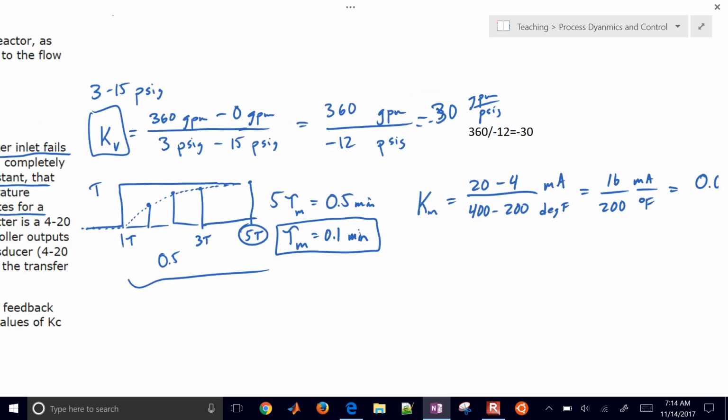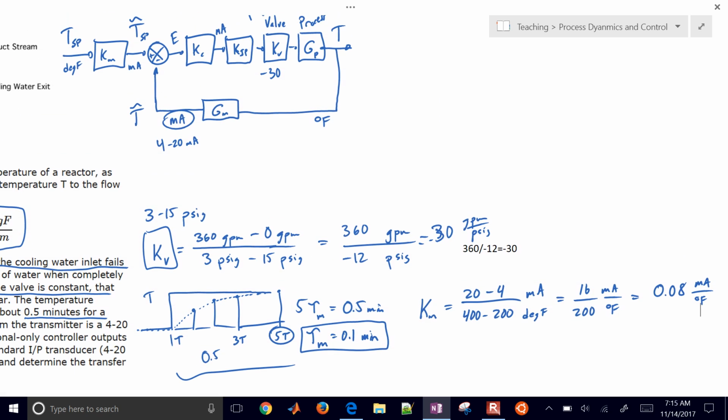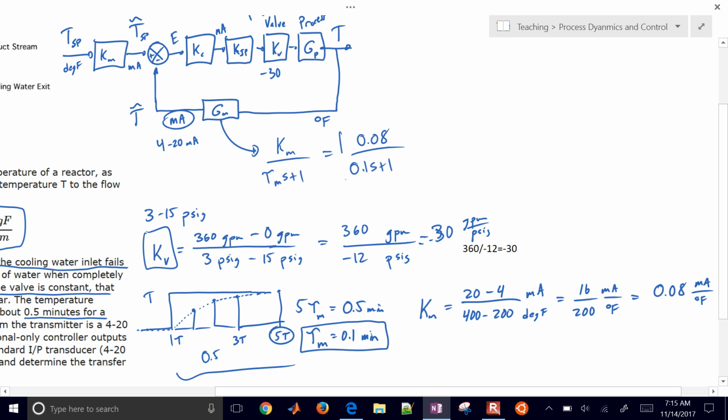So this is just a first order approximation with measurement dynamics. Gm is going to be equal to Km divided by tau m s plus 1, and that's 0.08 divided by 0.1 s plus 1. So that's that block right there.